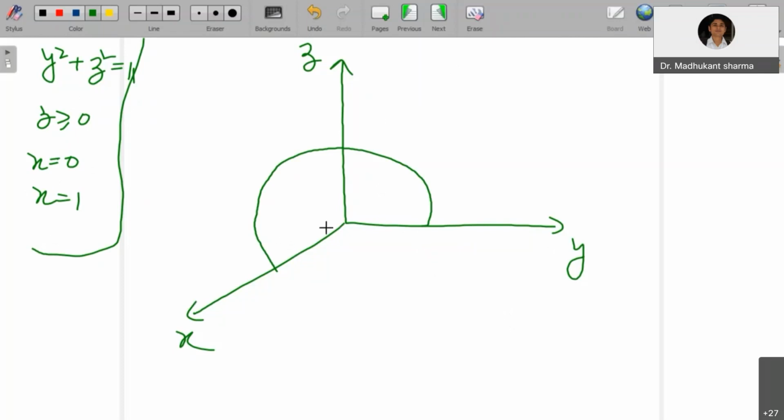Now x equals to 0, so that will give you the yz plane, and x equals to 1. So this is a cylinder stretched along the curve. Okay, so this is the cylinder. So this is the x equals to 1 line.